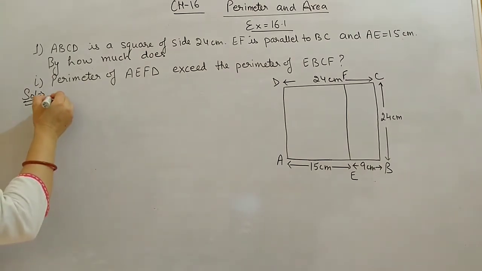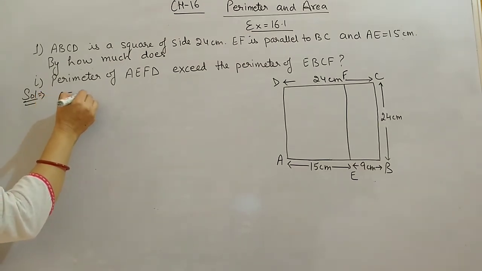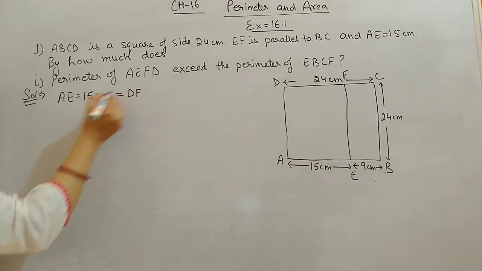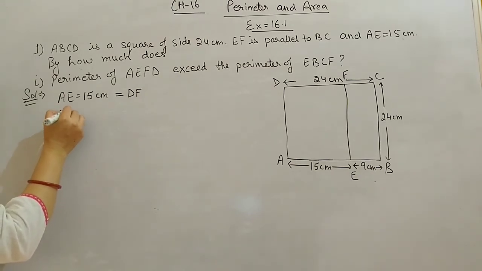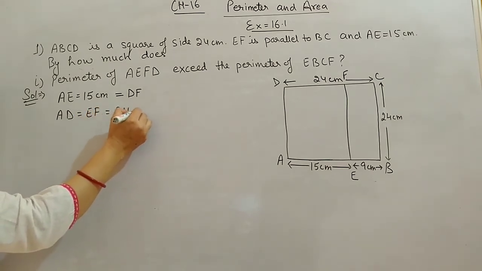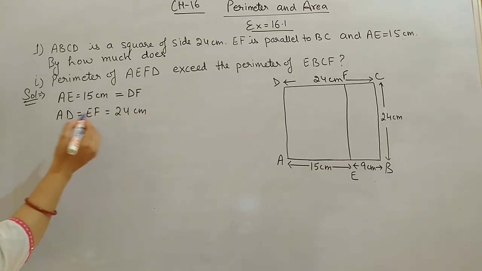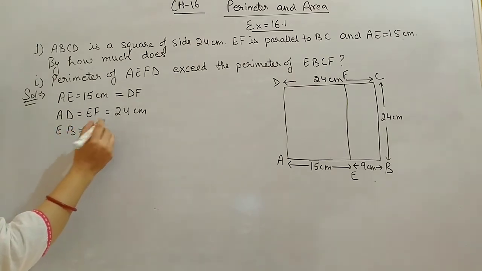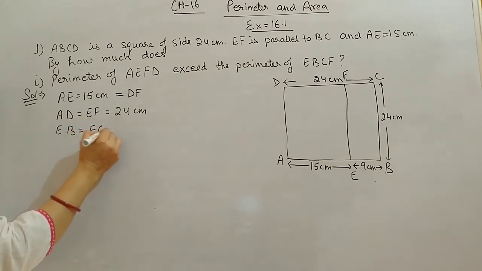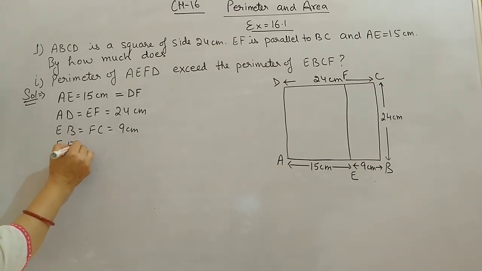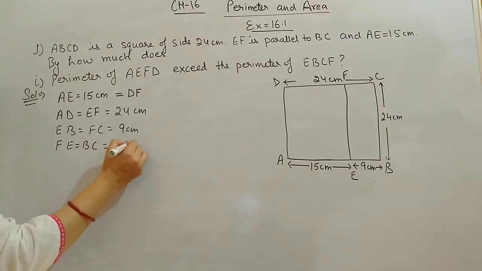So first, side AE is equal to 15 centimeter, which will be equal to DF. It will be the same. And next AD is equal to EF, equal to 24 centimeter. And that other side EB is 9 centimeter, equal to FC, and this FE is equal to BC, equal to 24 centimeter.